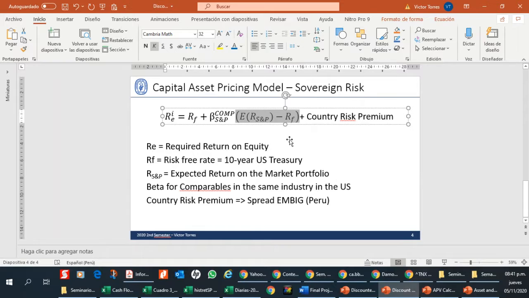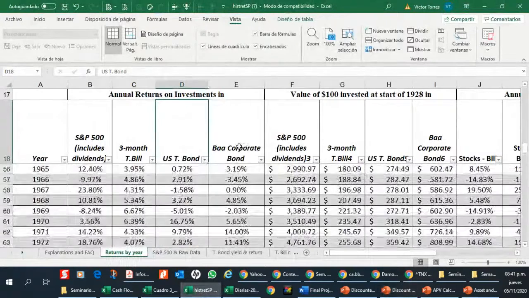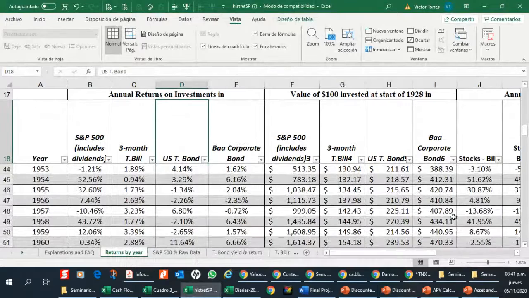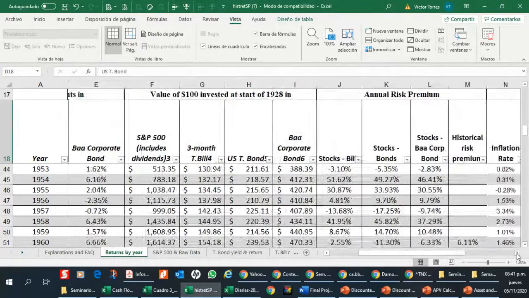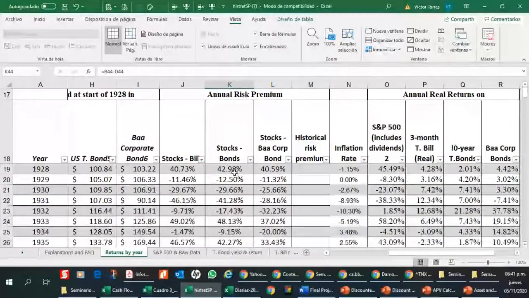And that's where Damodaran helps us with this Excel spreadsheet, because his spreadsheet has this risk premium calculated between stocks and bonds for each of the different years since 1928.